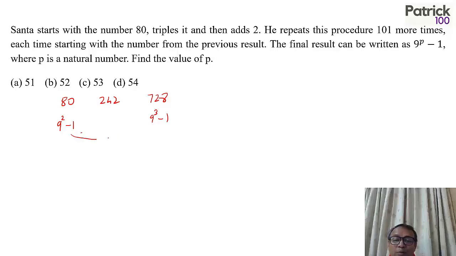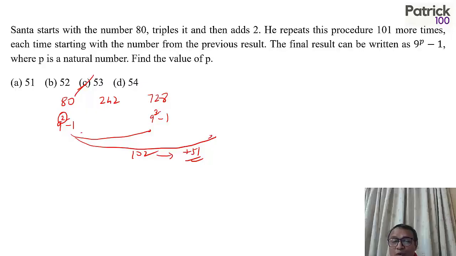So when I do 2 operations, it increases by 1. So when I do 102 operations, it will increase by 51 times. 51 plus the original 2, you will get 53, the value of p, the final result.